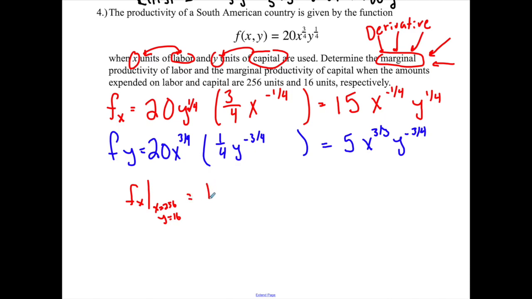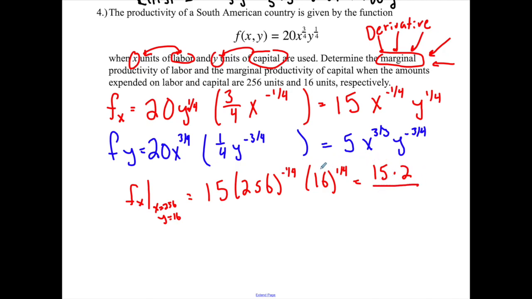So that would be 15 times 16 to the 1/4 times 256 to the negative 1/4. Okay. And so that is equal to, well, 16 to the 1/4 is 2, because 2 times 2 times 2 times 2 is 16.